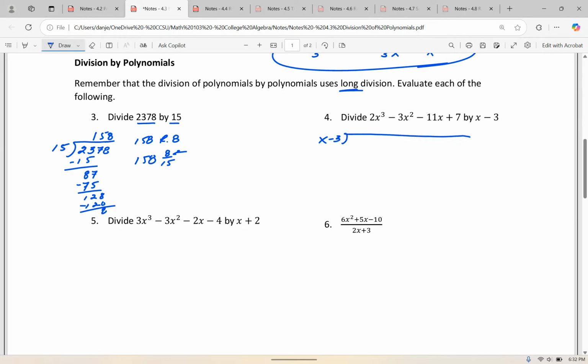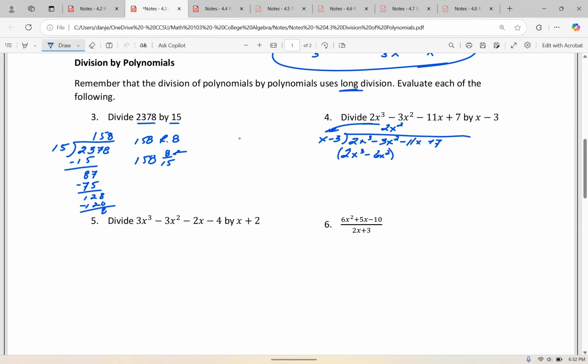Okay, so if I'm going to use a similar process here, for number 4, x minus 3, I'm going to divide that into the 2x cubed minus 3x squared minus 11x plus 7. So first I'm going to do 2x cubed divided by x, which is 2x squared. Then I'm going to do the 2x squared times the x minus 3, which is 2x cubed minus 6x squared.